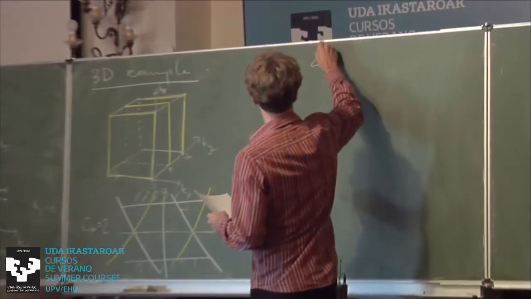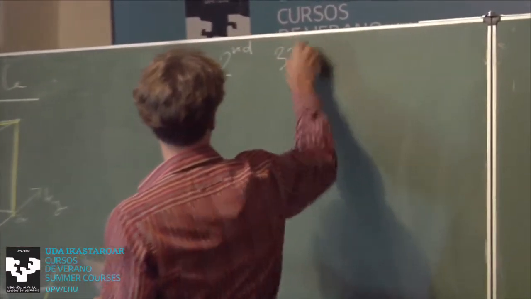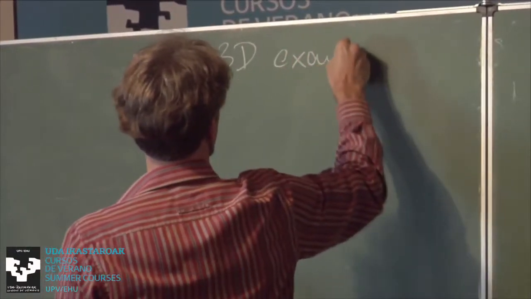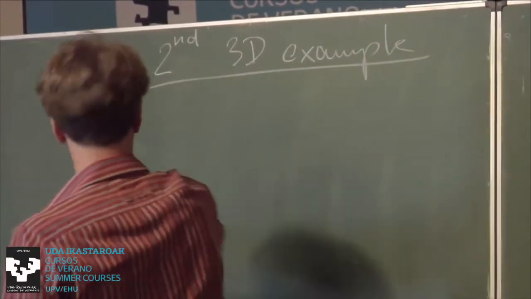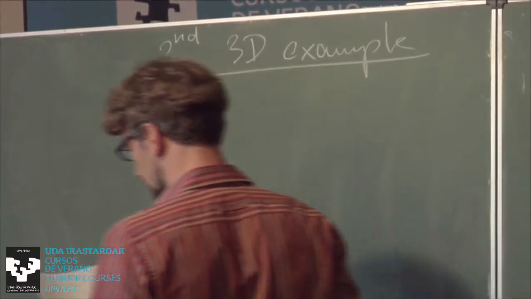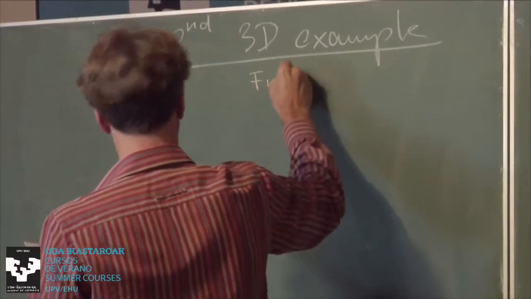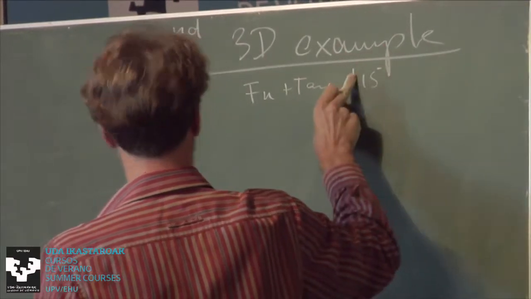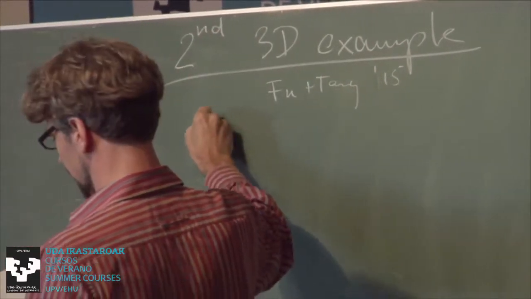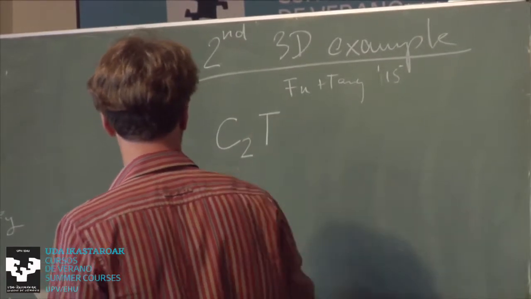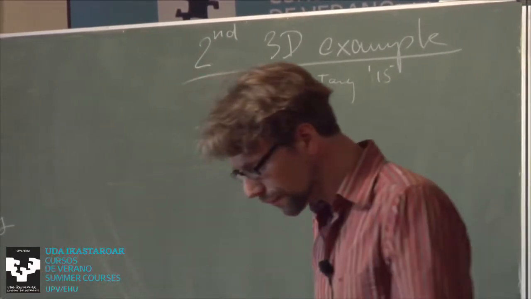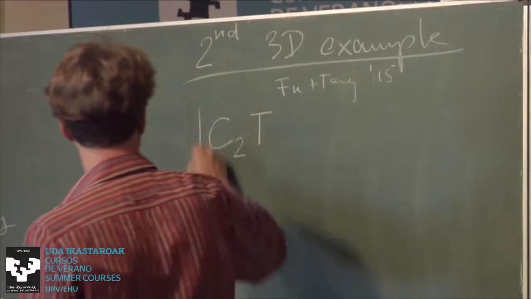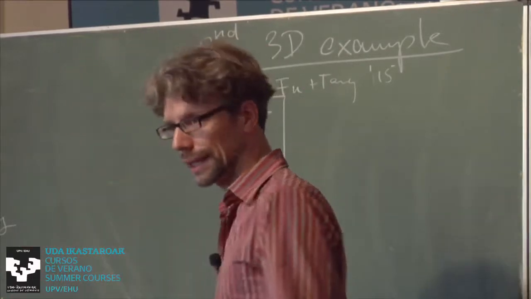So I want to give you a second 3D example. That is a system from Fu and Fang, 2015. It's a system that is invariant under C2 times time reversal symmetry. This is the symmetry that I ultimately want to look at.